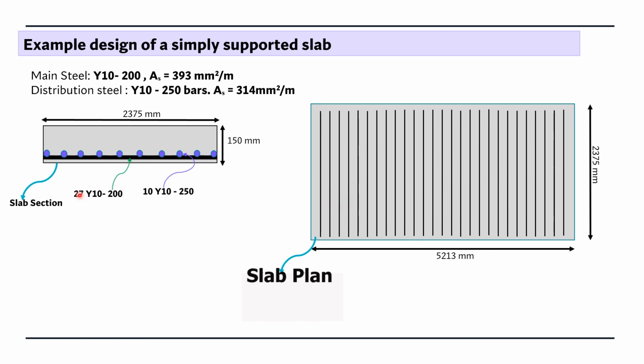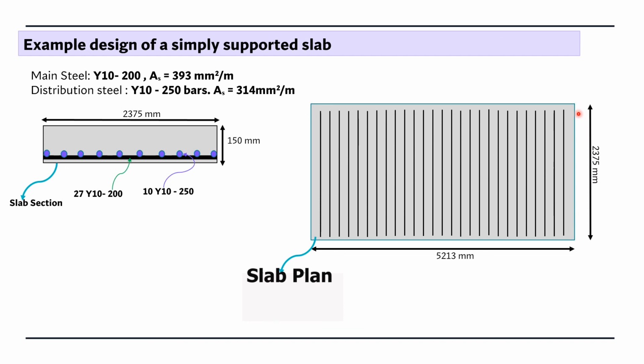There are 27 of them. That's why you see the 27 spaced at 200. So the main bar spans along the span of the slab, which is 2375 mm.